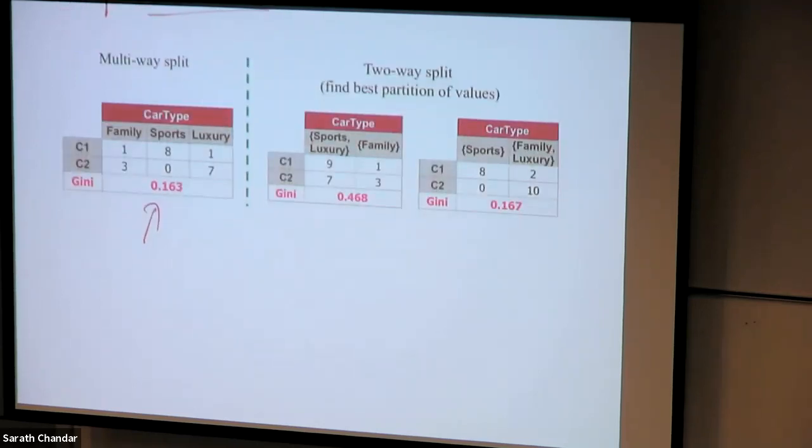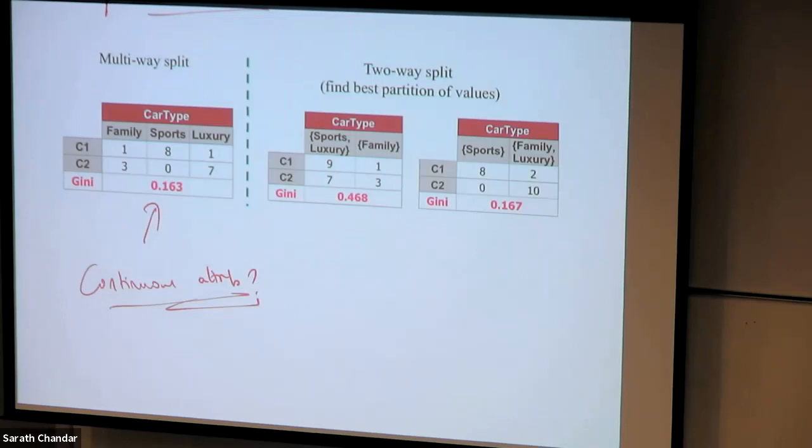Now, what about continuous attributes? Let's just talk about binary splitting on continuous attributes. If I have to split binary, there are many, many possible splits. For each split, you have to count the number of records on the left, count the number of records on the right, compute the Gini, and so on.